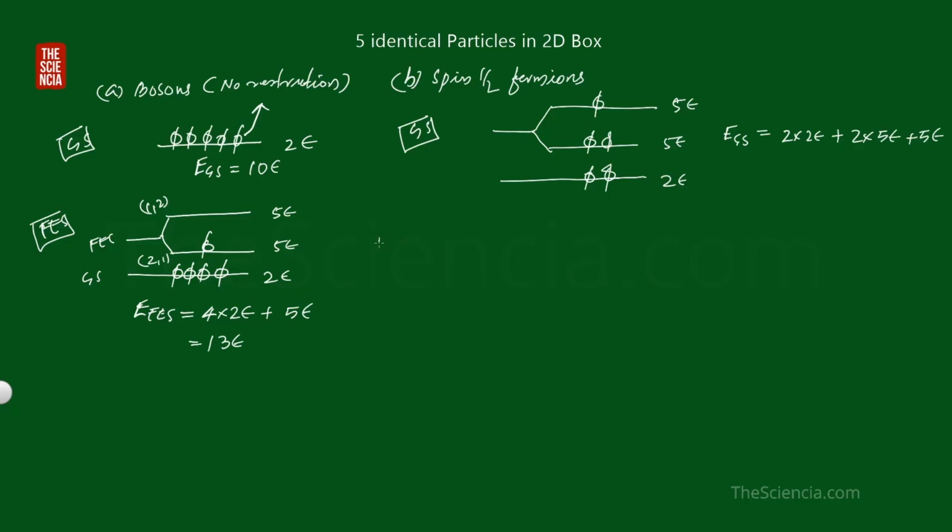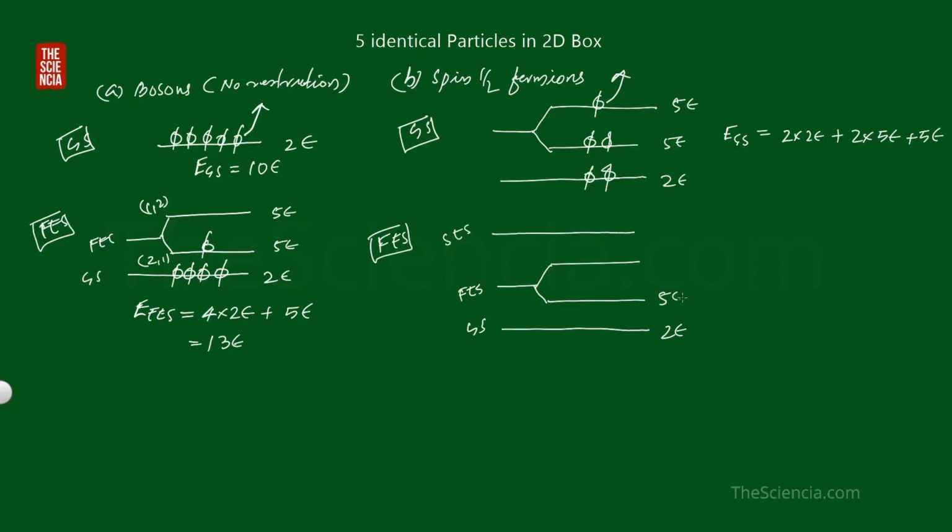Now the second one is the first excited state. So the highest energy state particle will jump to the next higher energy level. This is 2e, that is the ground state, first excited state, and the second excited state of a 2D box, right?